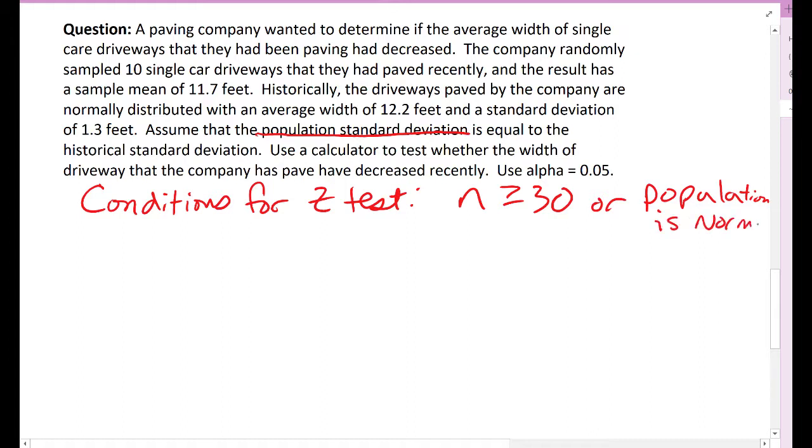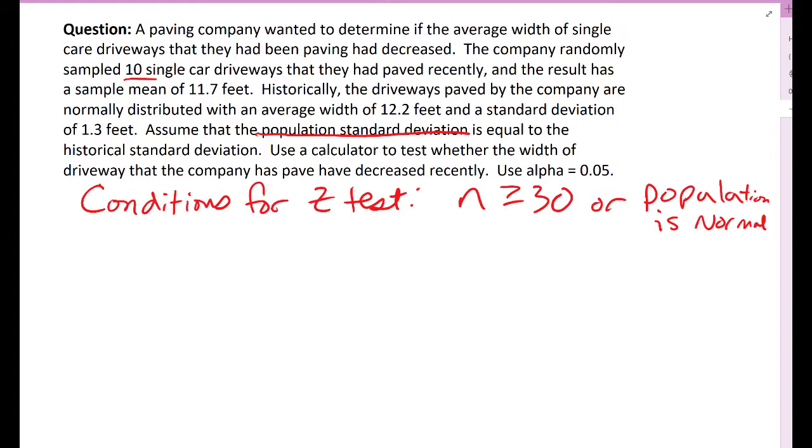Our sample size for this example is 10. They don't have it here, so it's their mistake, but there should be a statement in there that says we'll assume the distribution of these driveways is normally distributed, because that's the only way we can do a z-test. But let's go ahead and assume that the conditions are met.